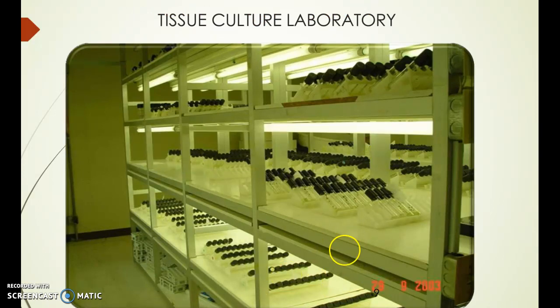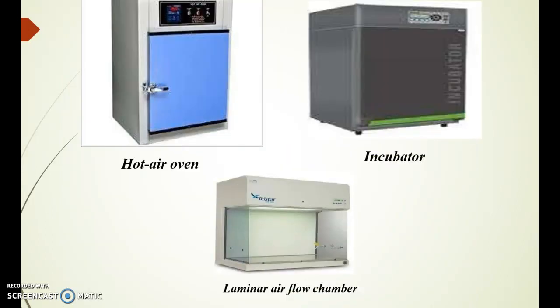Here you can see the culture bottles which are in the slant position. None of the culture tubes are in the straight position, as the slant gives a larger surface area for the culture.